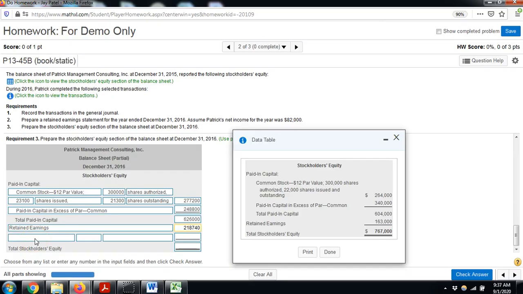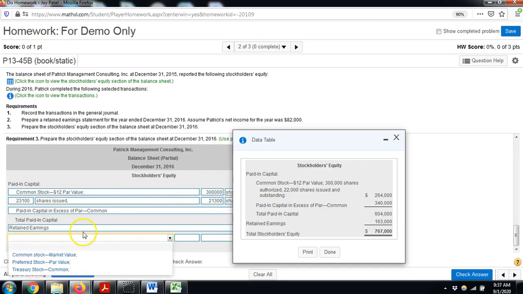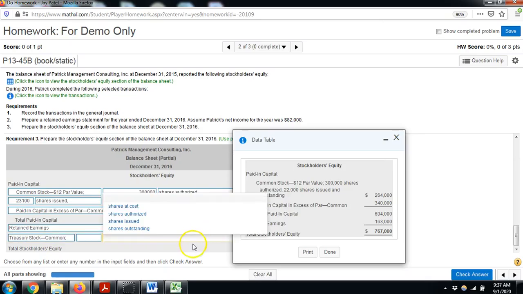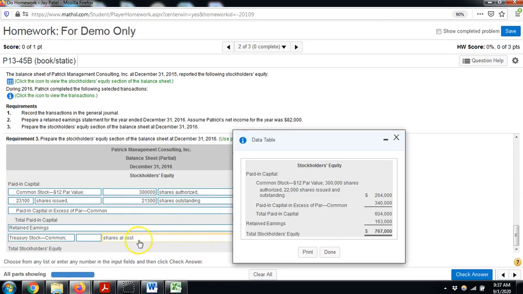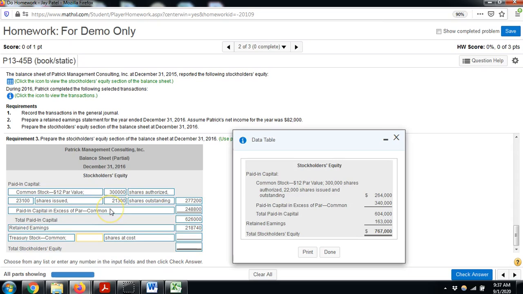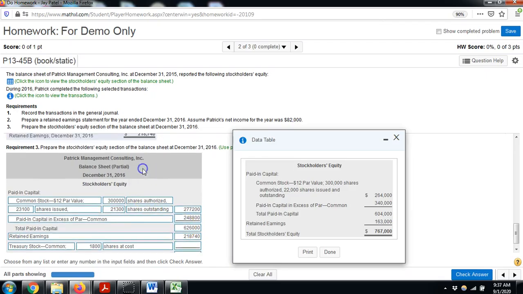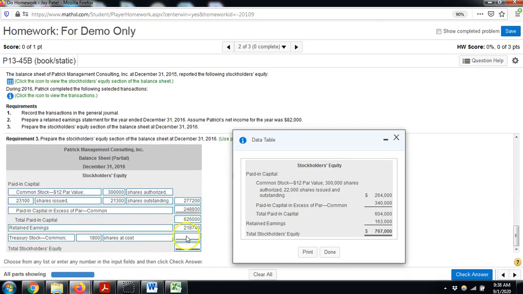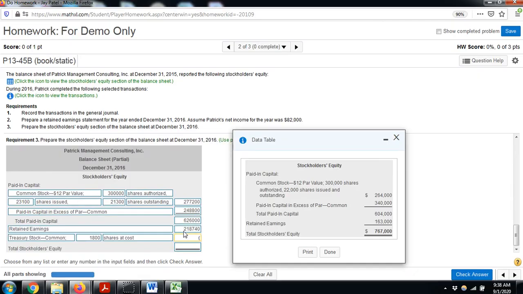And then we have our treasury stock. Okay, so how many shares of treasury stock do we have? I think it was 1,800. And the value of that was 36,000. And again, since we bought these shares back, they're actually decreasing our stockholder equity outstanding.